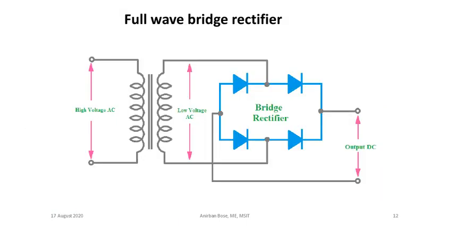So this is the circuit of a bridge rectifier. Here you can see the transformer, here the high voltage AC source is there, and that becomes the low voltage with the transformer ratio. Let us consider for a half cycle this portion is positive and this portion is negative. Then what will happen?